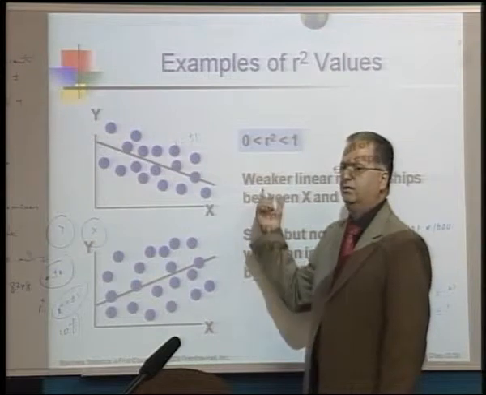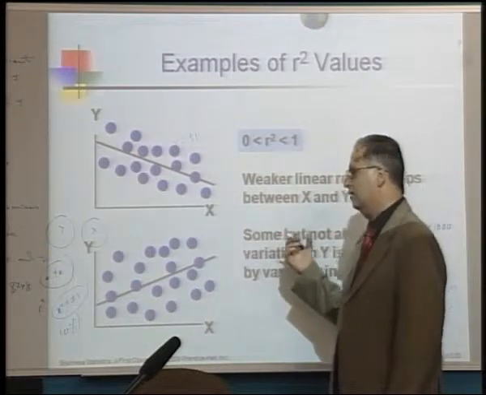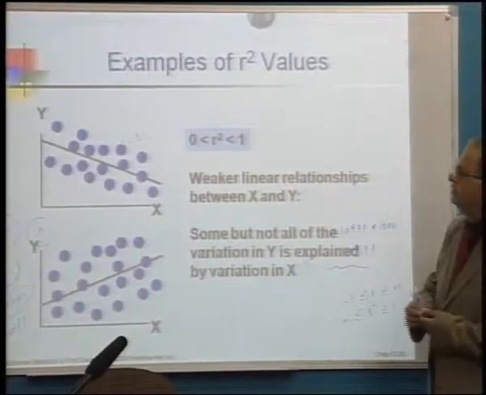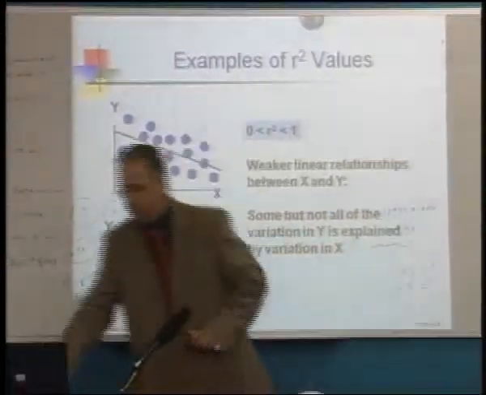Maybe the location of the house affects its selling price. So R square is always between 0 and 1.